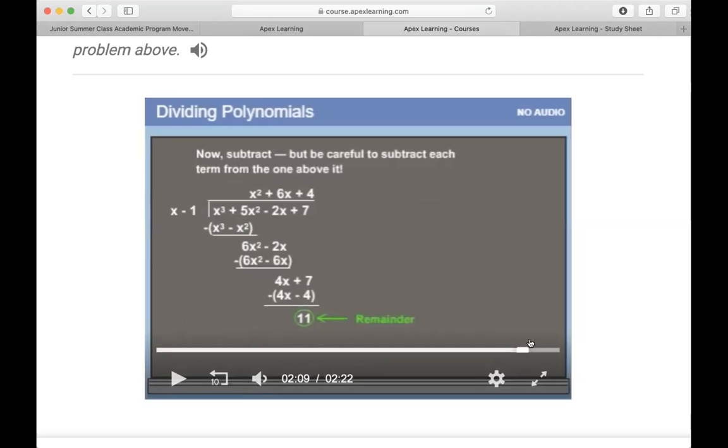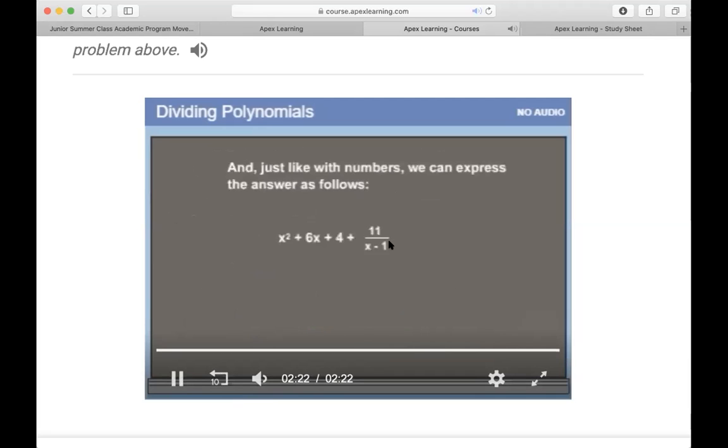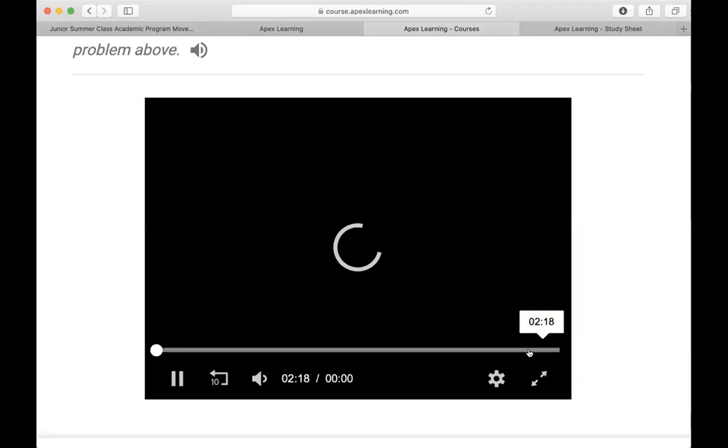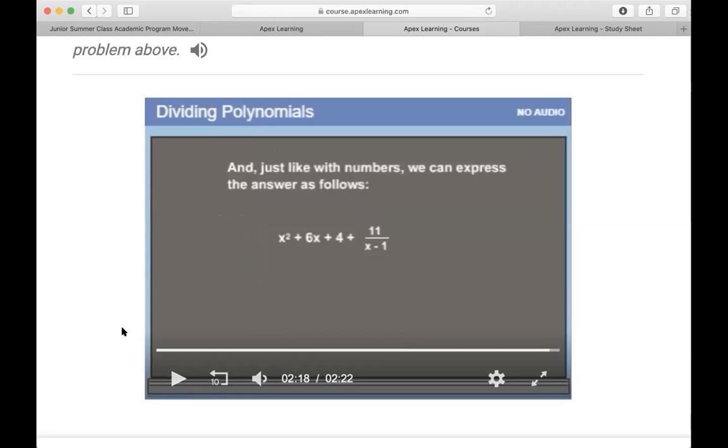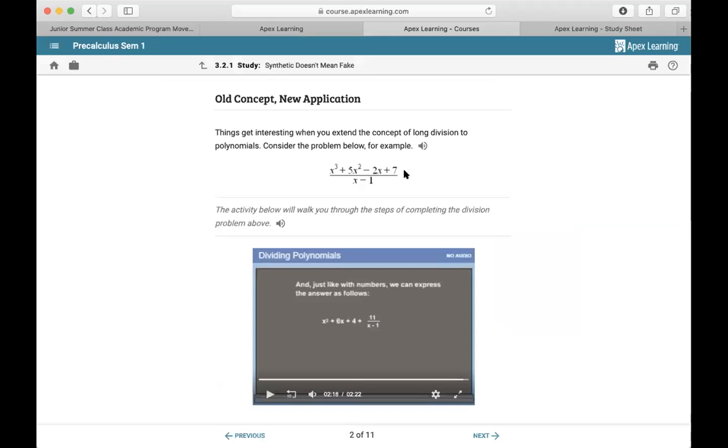Just like with math with numbers, we still have to address the remainder. We can't just throw it out. So what this turns into is 11 over x minus 1, the remainder divided by our divisor. This is a lot nicer to deal with than that guy there.